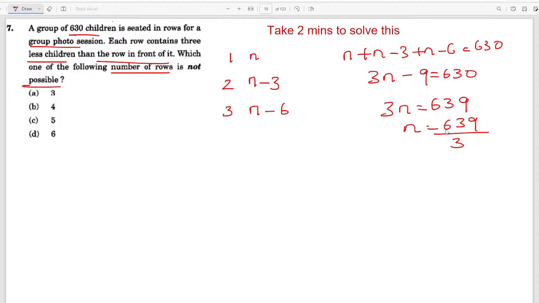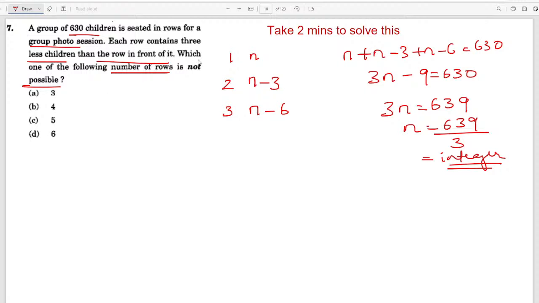The sum of the digits in the numerator is divisible by 3: 6 plus 3 is 9, 9 plus 9 is 18, and 18 is divisible by 3. So 639 divided by 3 will give you an integer. Hence 3 can be the number of rows.